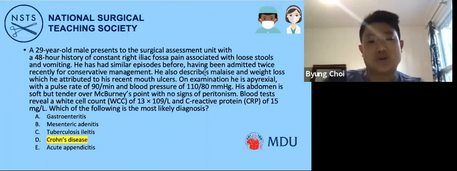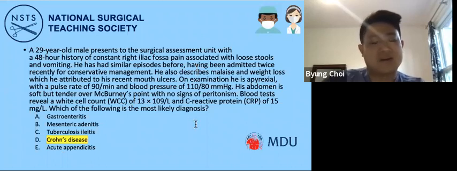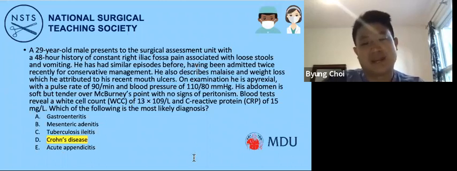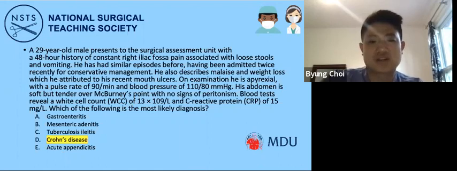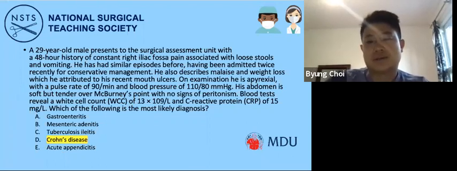Those key points should point you towards Crohn's disease more so than any of the other differentials. Somebody presenting with weight loss, loose stools, and malaise, regardless of whether they've got RIF pain or not, is unlikely to have appendicitis. The majority of you got that question, so that's great, and we'll move on.